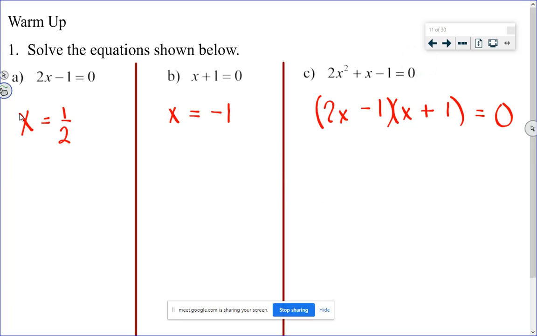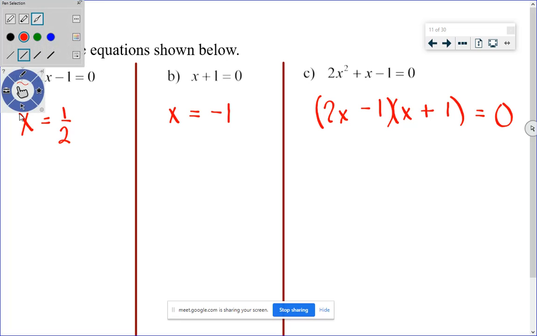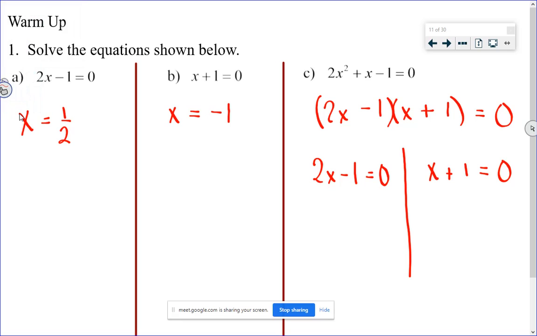and then what you do is you set those two factors equal to 0. Again, I hope I'm not telling you something that's new to you. I'm reviewing a very basic concept with quadratic equations and factors. So I'm going to add 1 to both sides and divide by 2, and I get x equals 1/2, and then I get x equals -1 here.